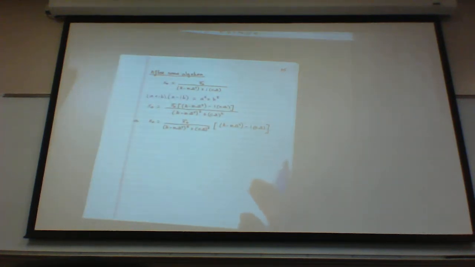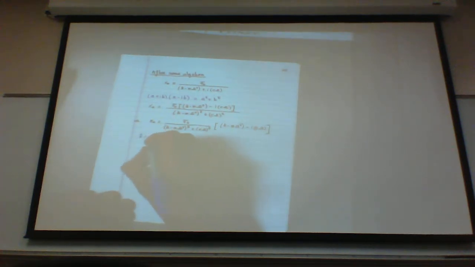Okay, next, what do we know from complex algebra? If you have a complex number z equal to a plus ib, and let's say here we have z star, which would be what? The complex conjugate, a minus ib.